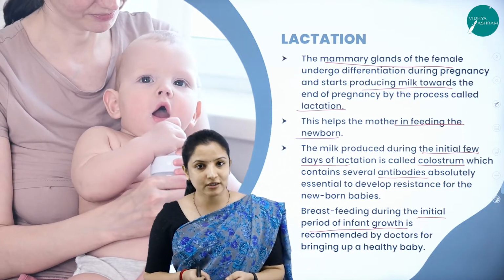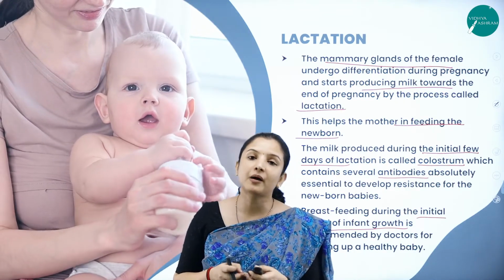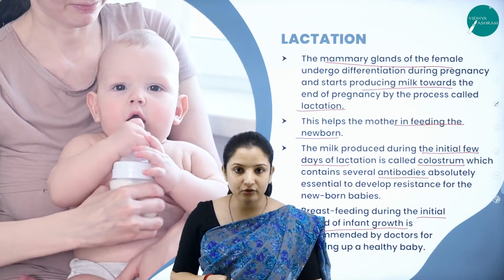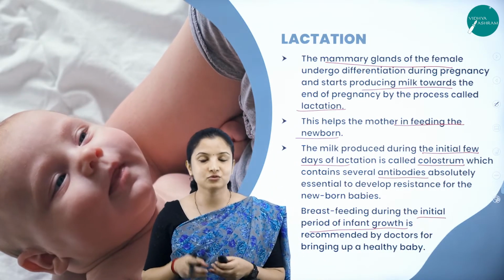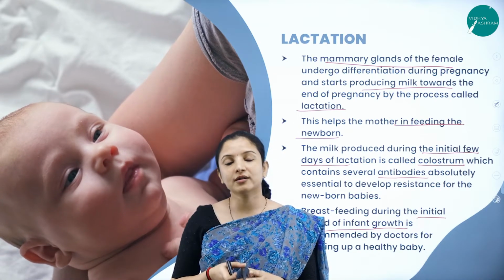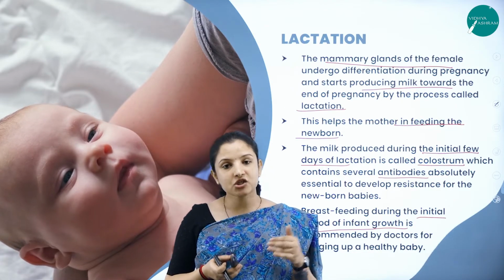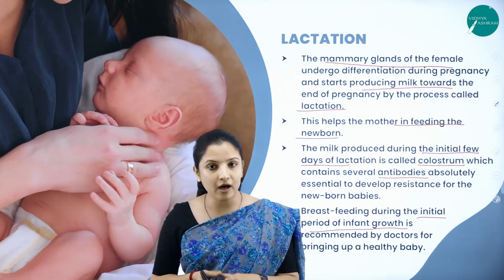So I hope you understood this session well, wherein we studied the process of parturition. Before parturition, we studied how the embryo development takes place once the implantation occurs in the uterus. We came to know what happens in each trimester and what types of hormones are released.